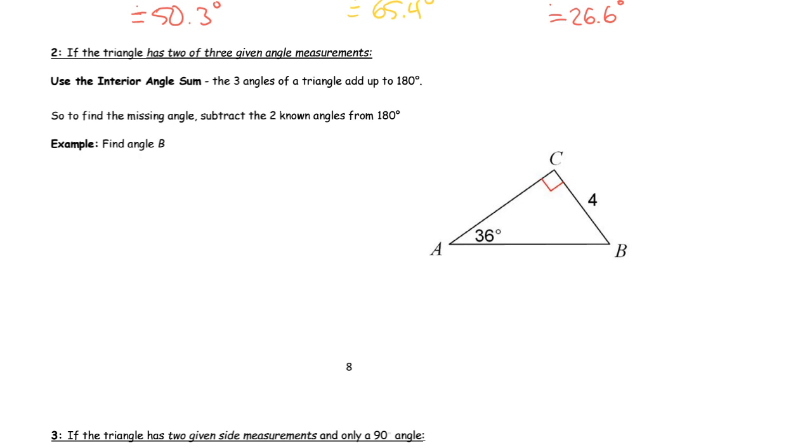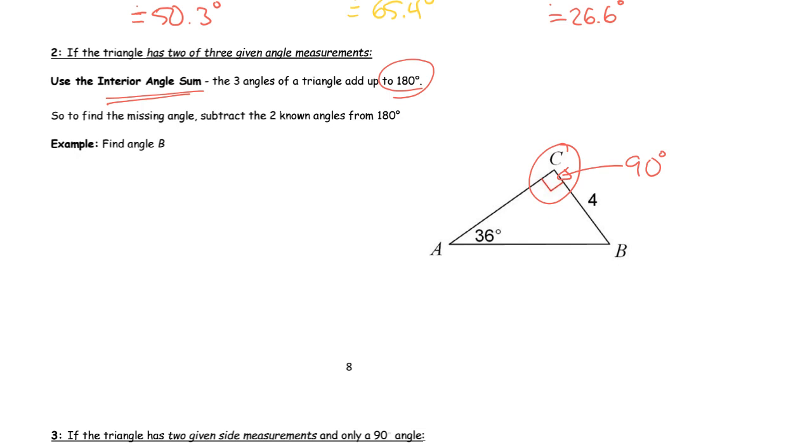Okay, well, another way that you can find an angle in a triangle here is to use that interior sum, that idea that the angles inside a triangle always add up to 180. Now, in this particular case, the reason why that is so useful is because you will normally be working with a right angle triangle, which means you will already know that one of the angles is 90 degrees.